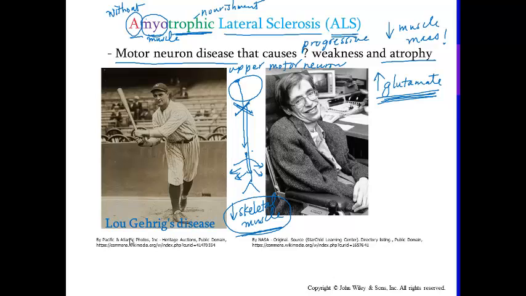And this disease is also known as Lou Gehrig disease. You have a very famous baseball player, but with the disease, he actually passed away at the age of 37. So it's really devastating, and you probably have heard of Stephen Hawking, and he also had the disease, and he would receive a lot of help in order to breathe, to do a lot of regular daily functions.